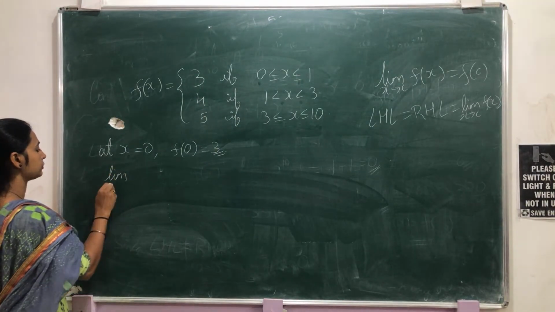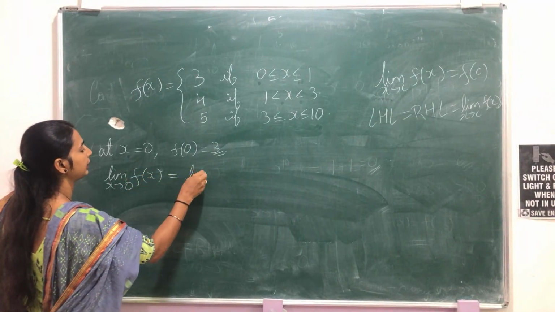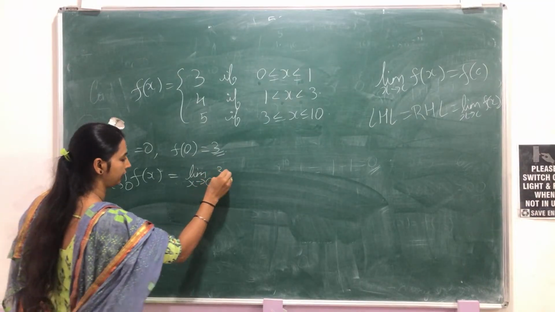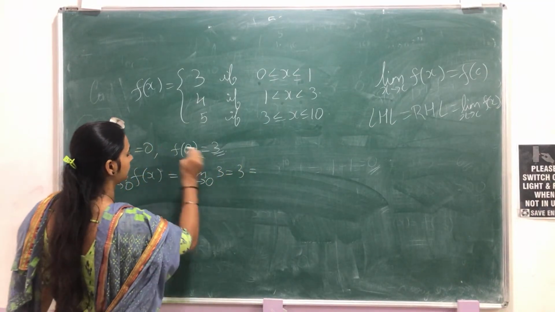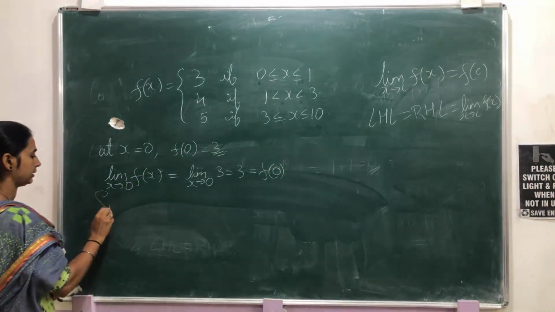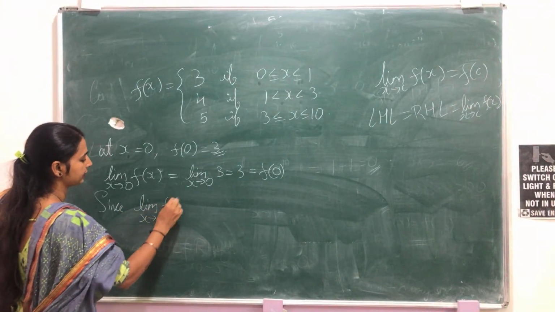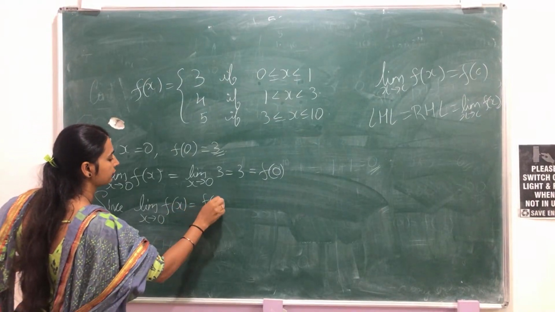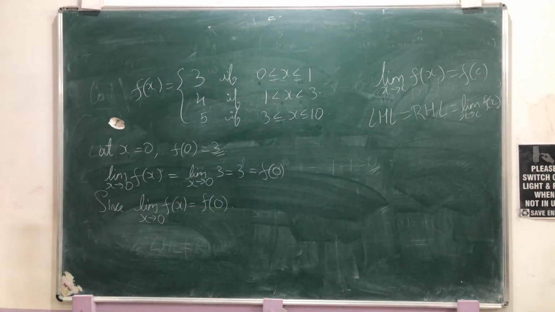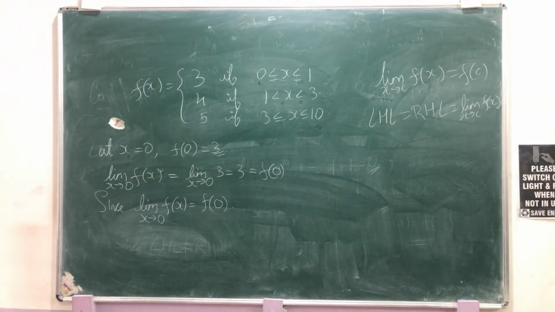So limit x tends to 0, f of x equal to limit x tends to 0, 3, which is equal to 3, and that is same as f of 0. Since limit x tends to 0, f of x is equal to f of 0, the function is continuous at x equal to 0. Right until here. The given function is continuous at x equal to 0.